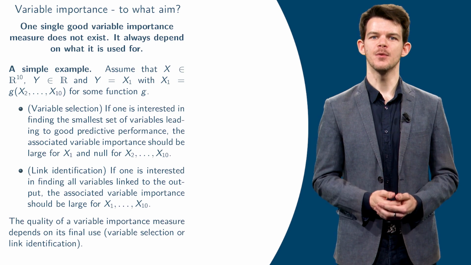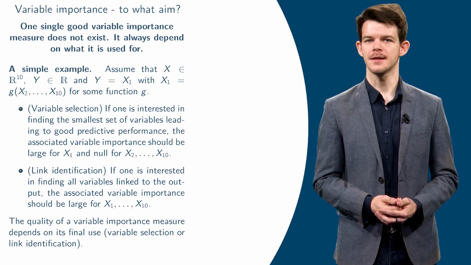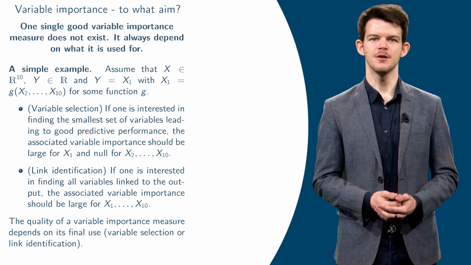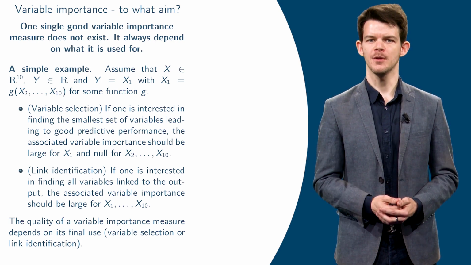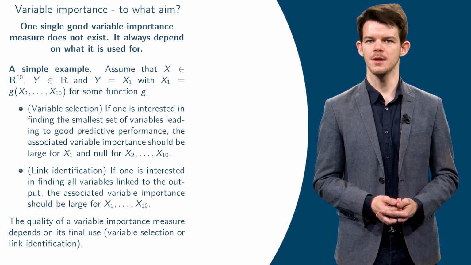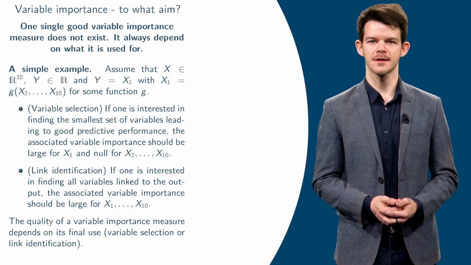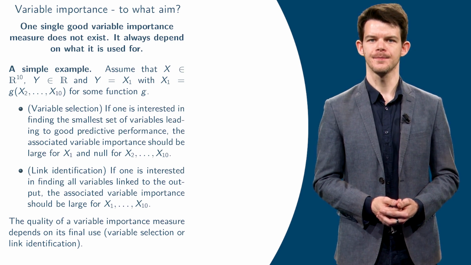The measures of importance that we would like to obtain therefore differ depending on the task at hand, either selecting a predictive model containing a small number of variables or identifying all the links between the input variables and the output. It is essential to remember that there is not a single variable importance measure, but as many measures as there are tasks that can be considered.